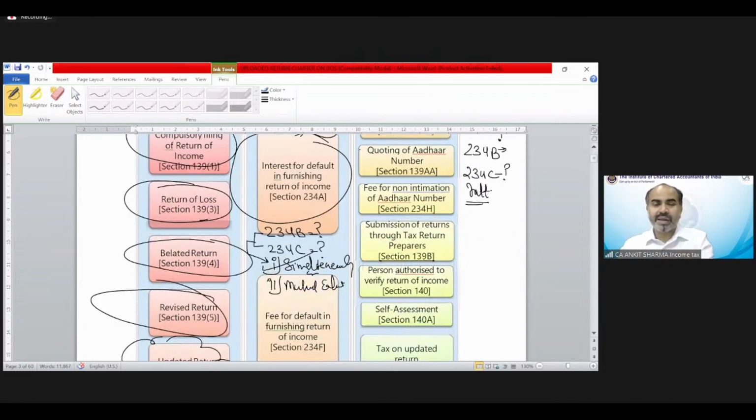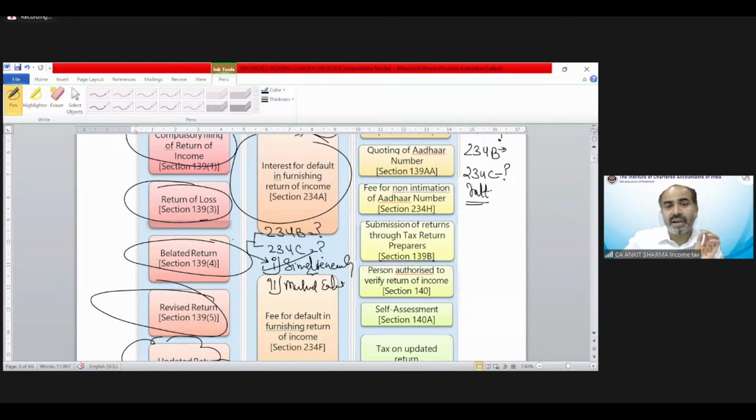What is 234A? 234A is separate. It does not belong to B or C. It could be applicable individually, and it could also be applicable combined. Again, 234A is also not mutually exclusive. 234B and C can also be applicable with 234A because 234A has nothing to do with advance tax.